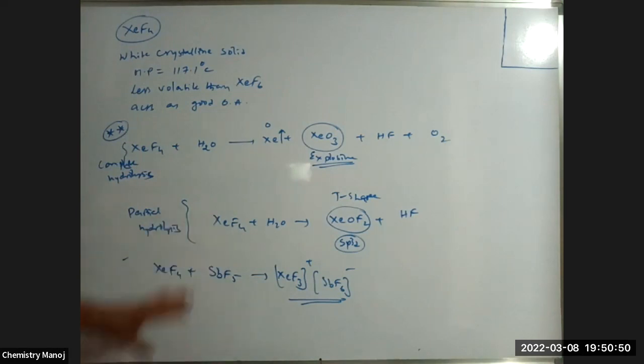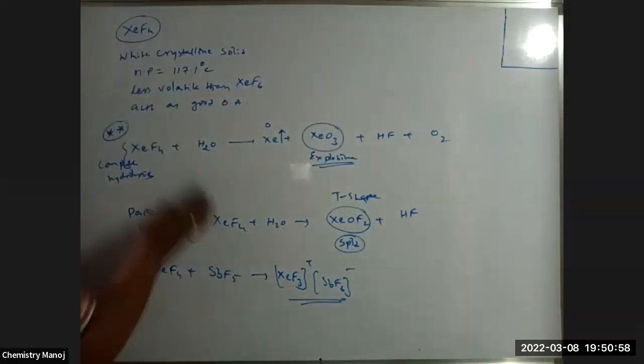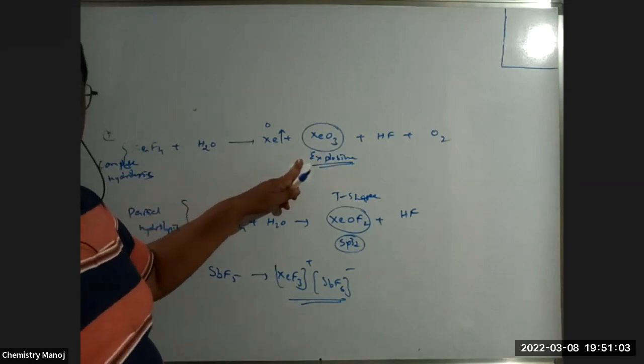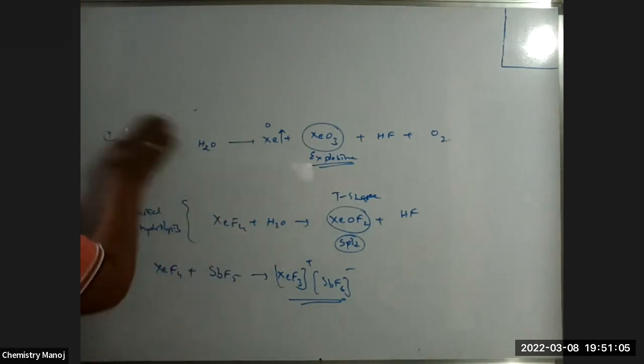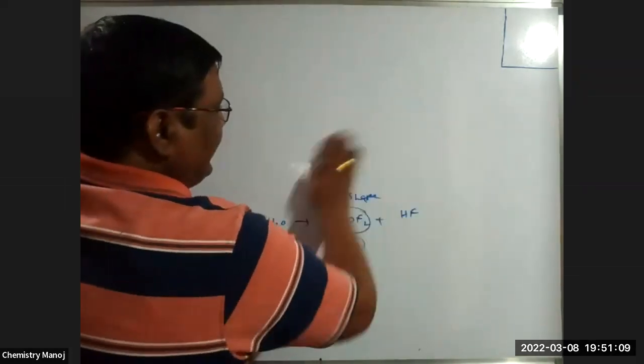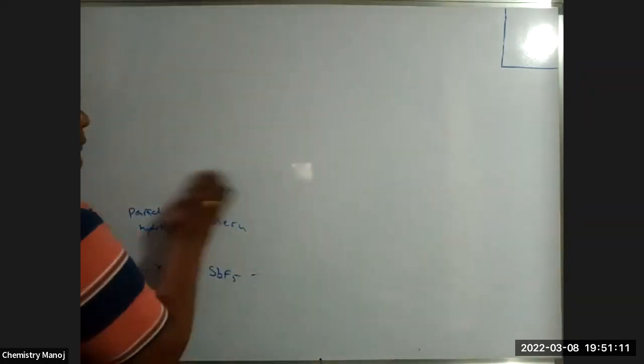Some other reactions are there, but these are the very important reactions of XeF4. My dear, this is the preparation method of XeO3 also. Complete hydrolysis of xenon tetrafluoride gives XeO3.